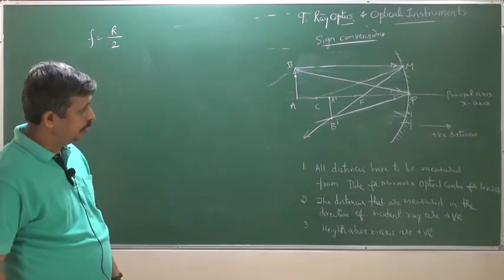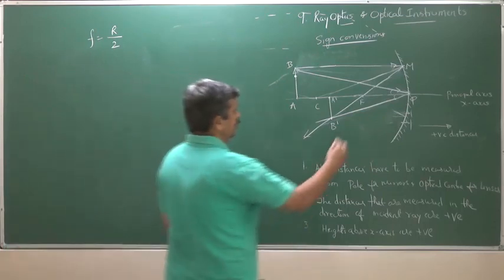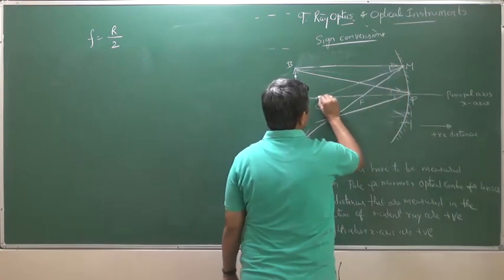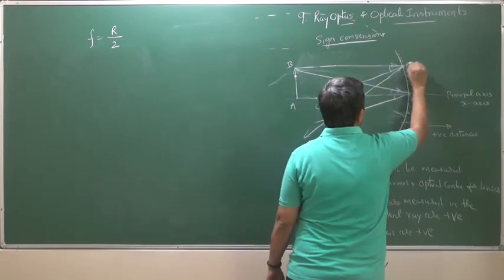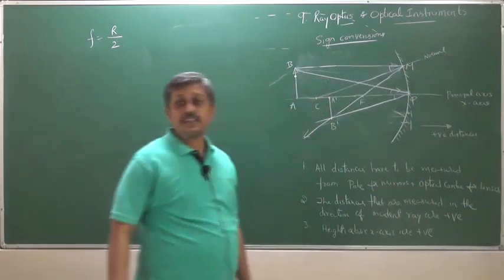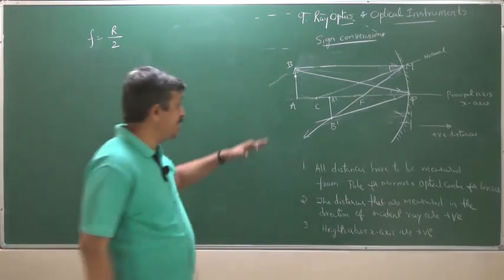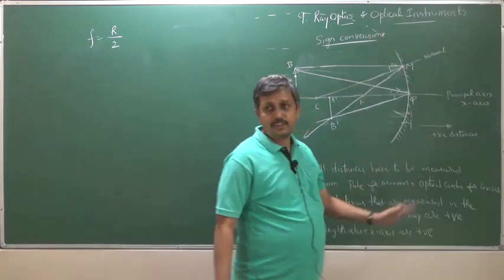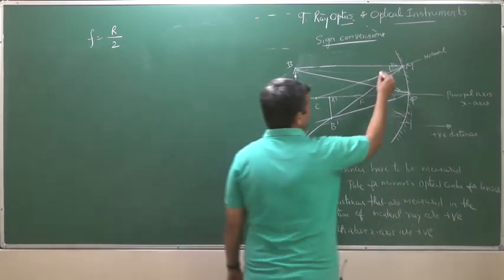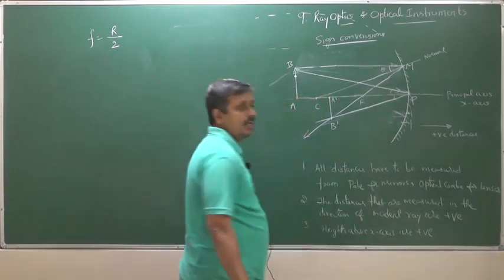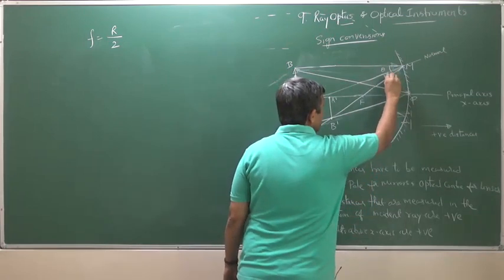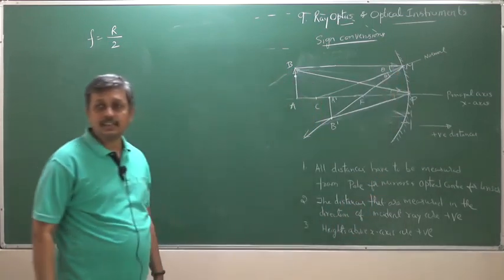So what is this angle? If you see this line, this line is the normal. In a curve, the radius is always normal to the tangent. So the radius is the normal. This is the incident ray, so let us say this is theta. This is also theta, correct?